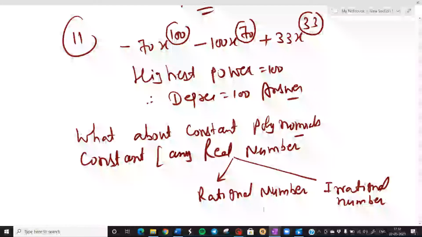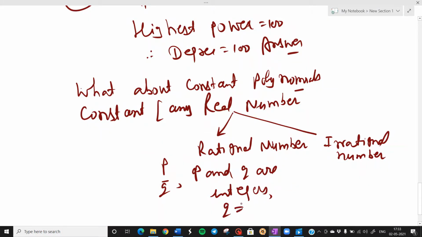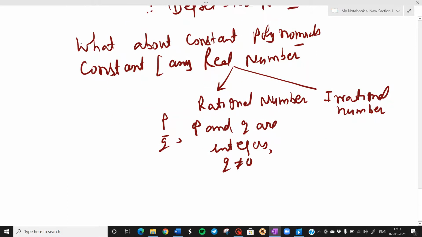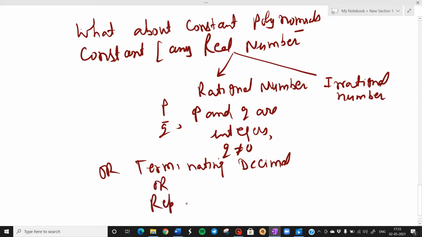Again, a rational number we can say either in the form p upon q, where p and q are integers, but q is not equal to 0. In decimal form, it is either a terminating decimal, or if not terminating, then a repeating, recurring decimal.